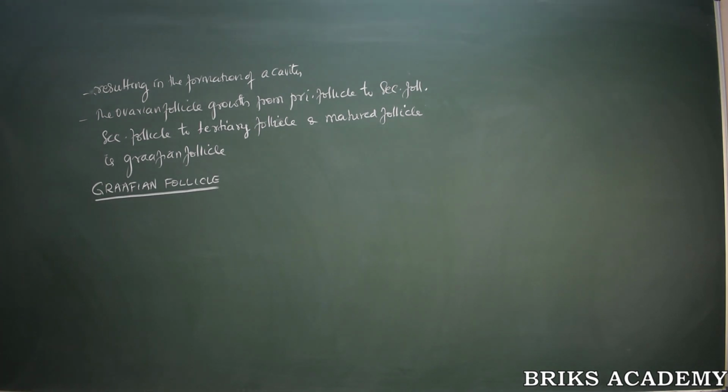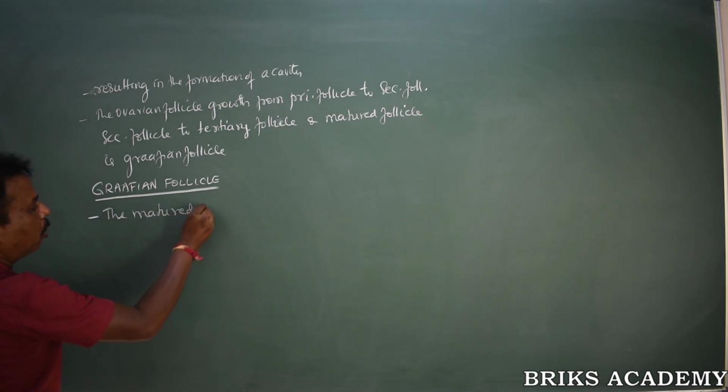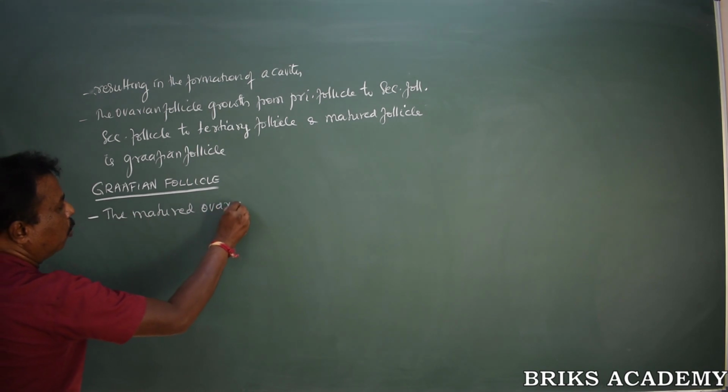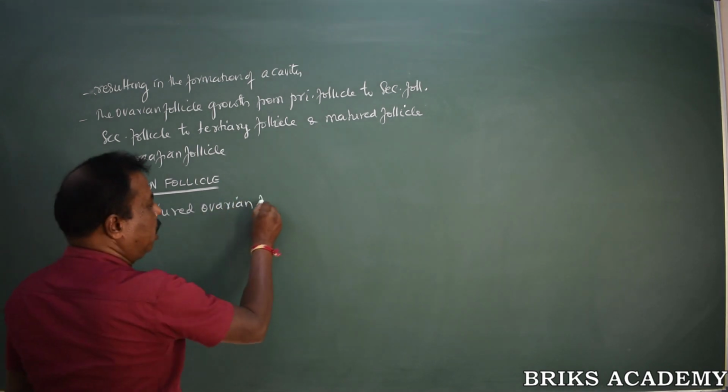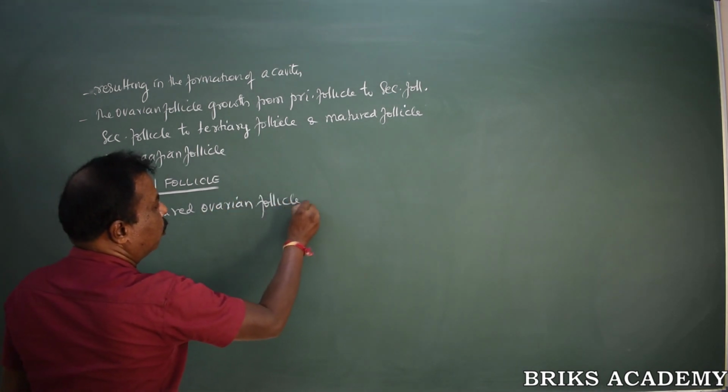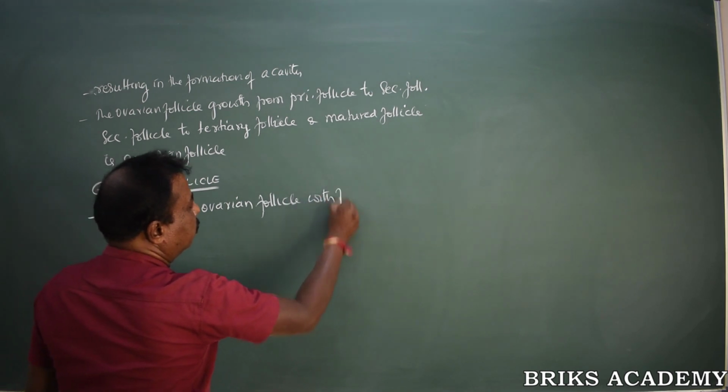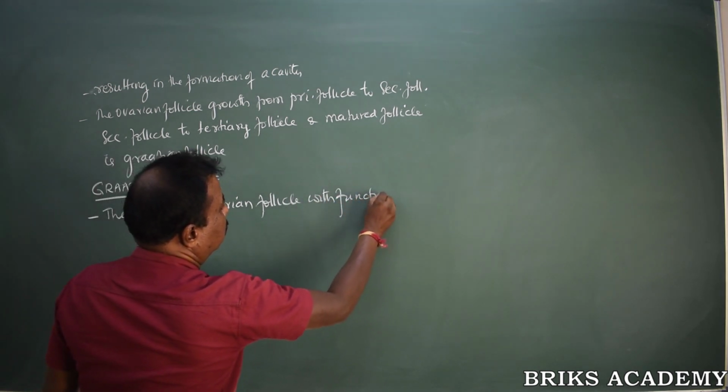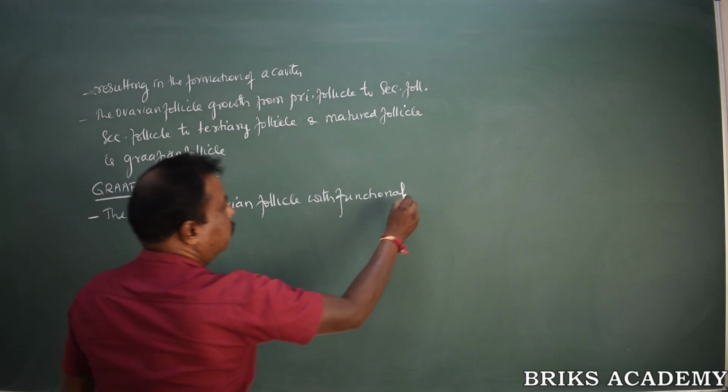Graafian follicle is defined as the matured ovarian follicle with functional ovum.